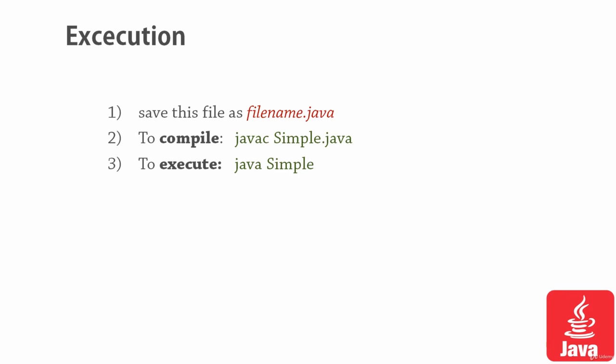And if it is located in another directory, you need to provide a path name. Then after the compilation has been done, it will generate a bytecode, a class file. To execute those class files and display the output on the screen, we need to write java and the file name without extension. So it will execute this.